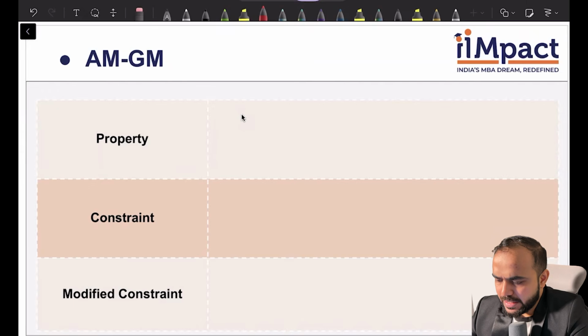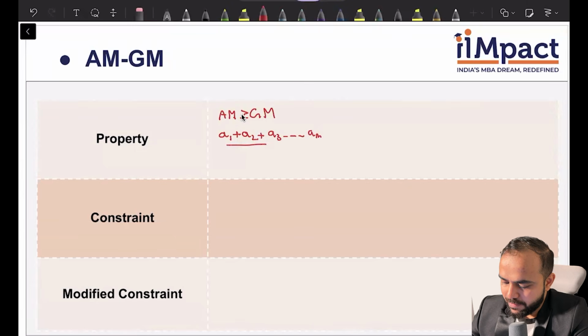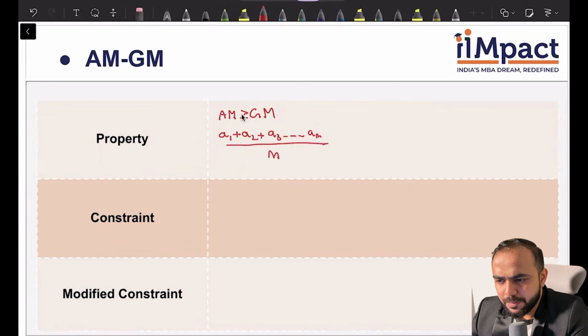The property itself says that arithmetic mean of n number of data points is going to be greater than or equal to the geometric mean. Now, if you remember, arithmetic mean is sum. So A1 plus A2 plus A3 till An divided by n. This is what arithmetic mean is.